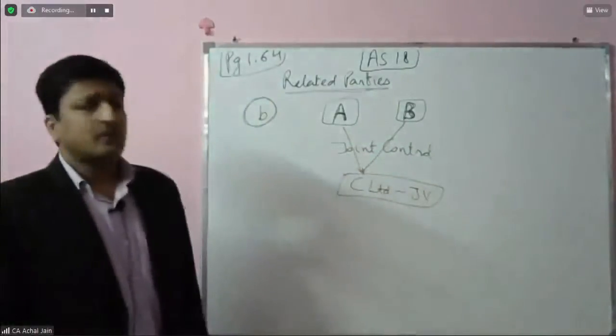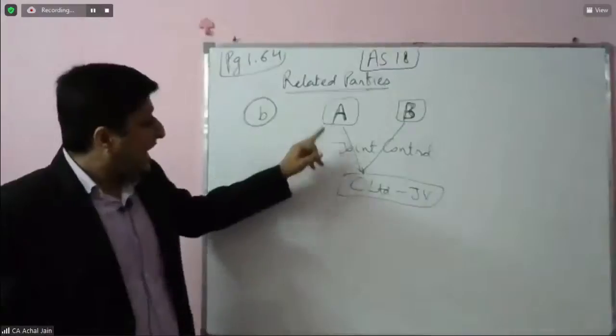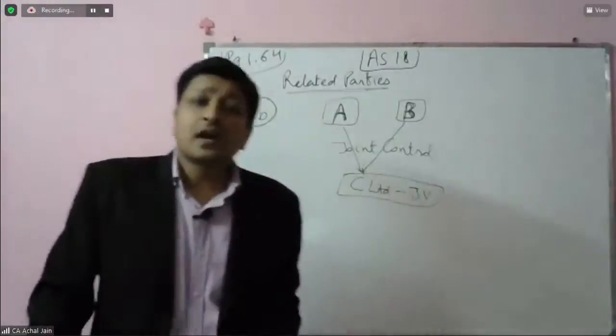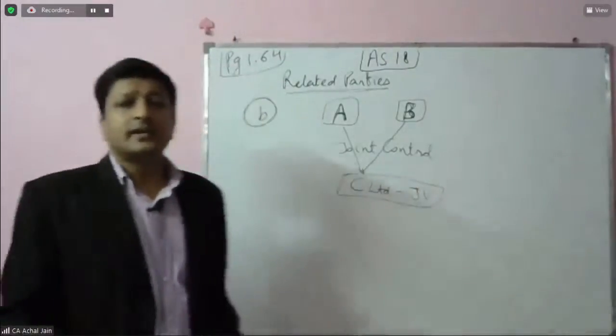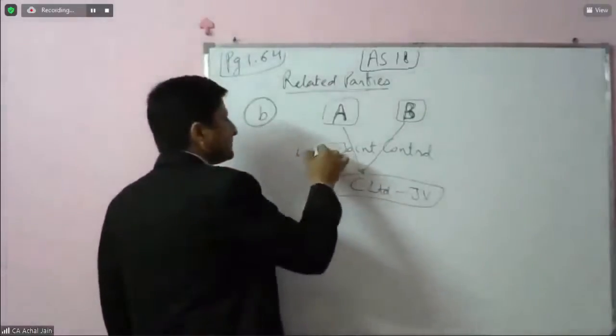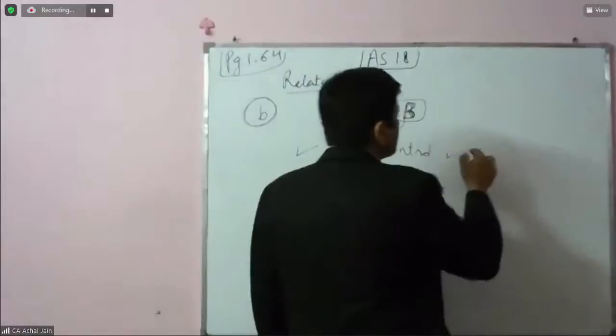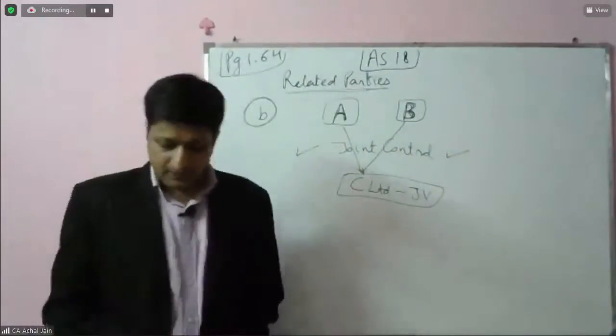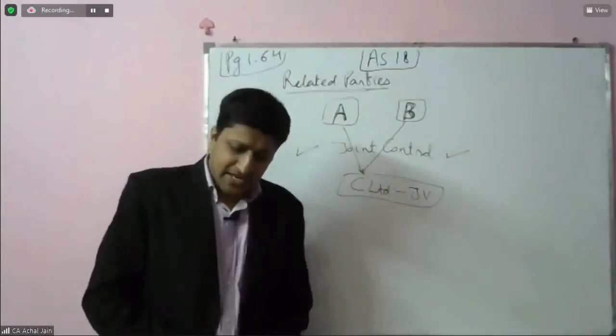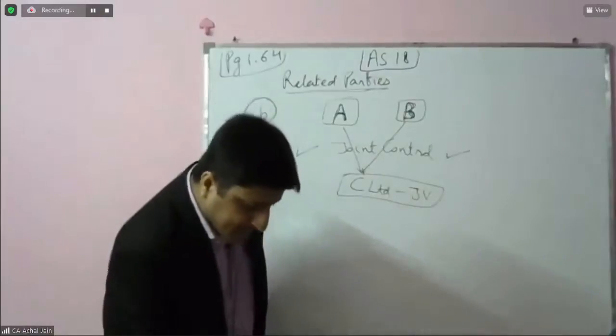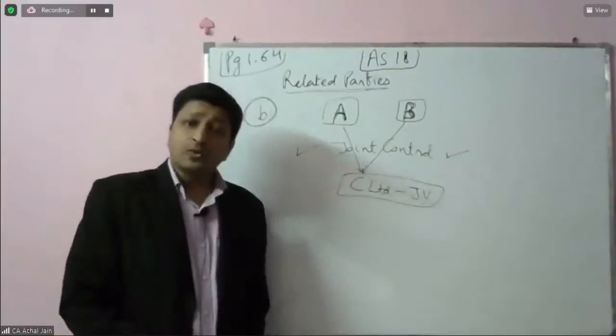In such a scenario, A and C will be considered as related to each other. B and C will also be considered as related to each other.